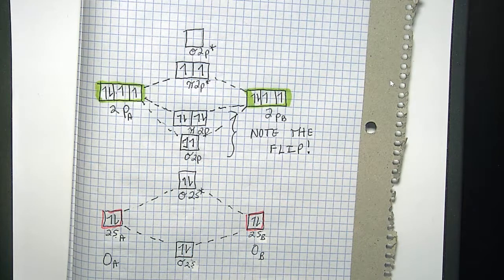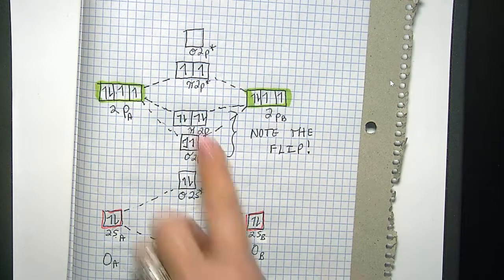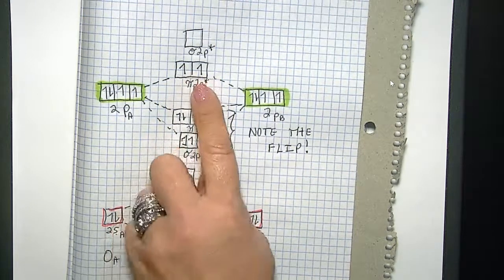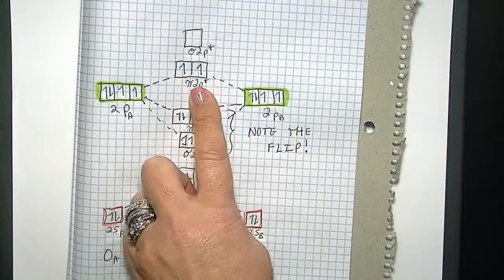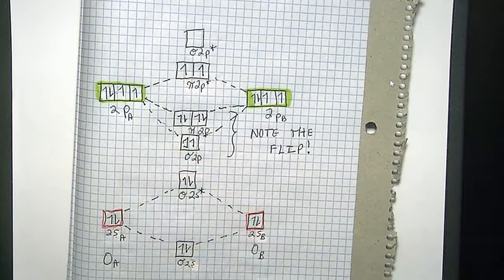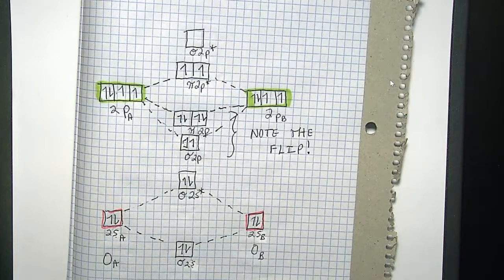Even in this higher energy thing, and especially in the higher energy ones, it would rather have one in each than a pair and an empty.